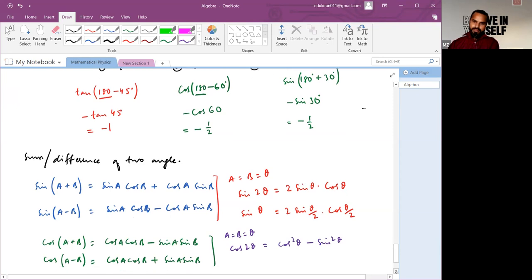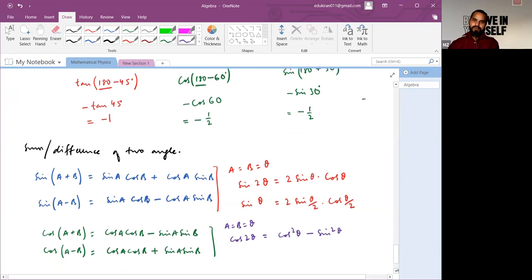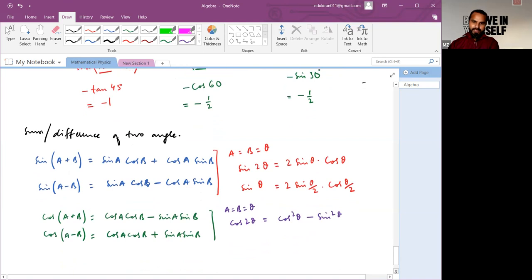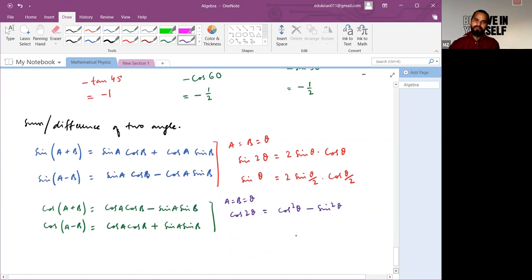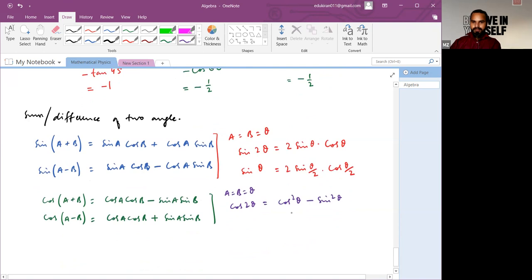We may further simplify it to define only in terms of sine or only in terms of cos. So we may further define cos of 2 theta is equal to 2 times cos square theta minus 1, or cos of 2 theta would be equal to 1 minus 2 times sine square theta.